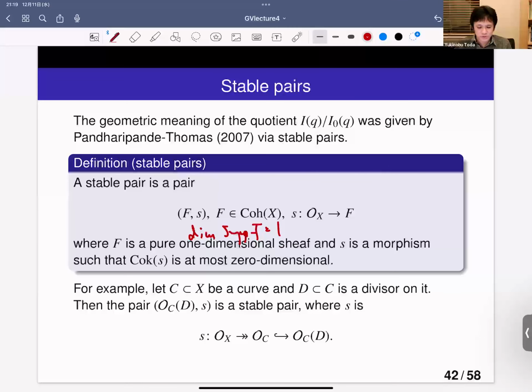And pure means that there is no subsheaf which has zero-dimensional support. And s is a morphism from O_X to F, which has at most zero-dimensional cokernel. For example, let C be a smooth curve.